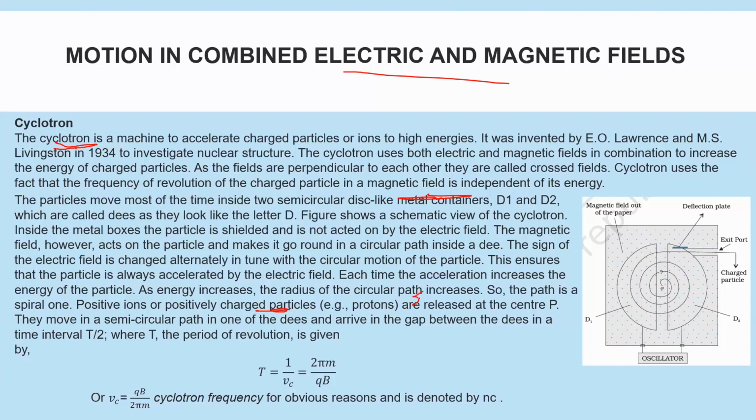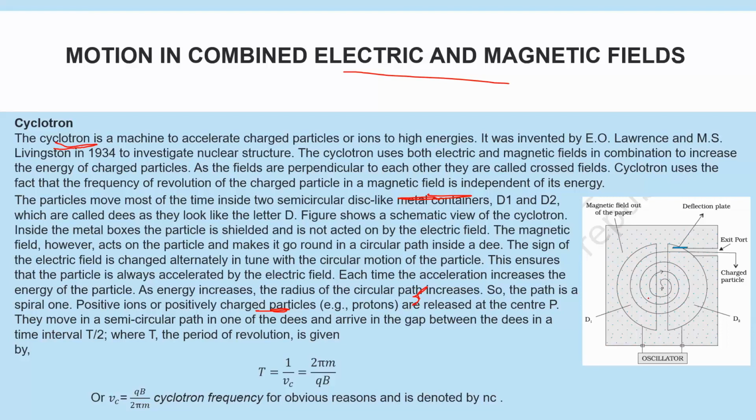You can see over here the construction, or a schematic, of the cyclotron device. You have these two semicircular metal containers, D1 and D2.